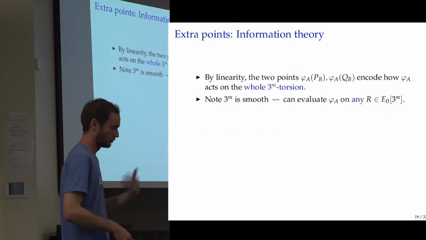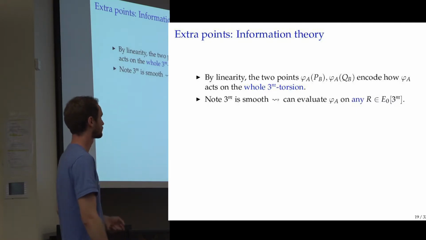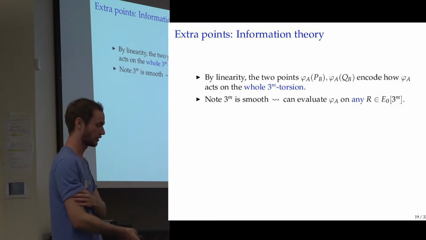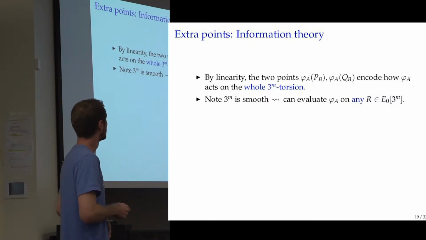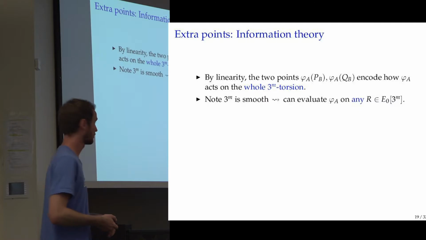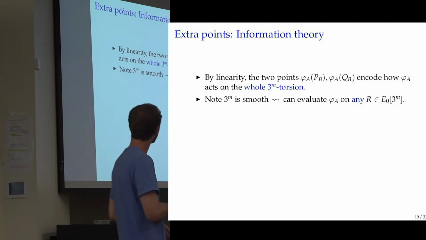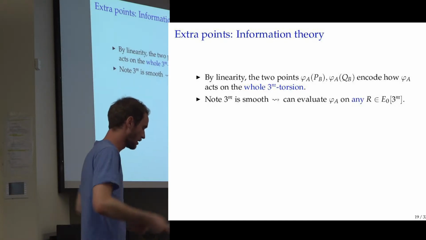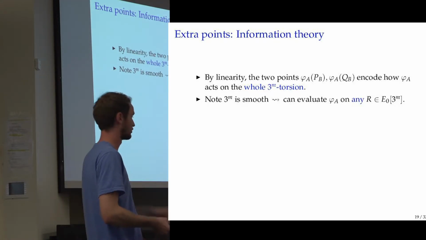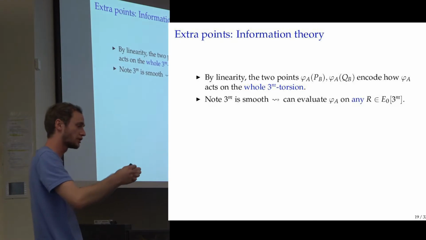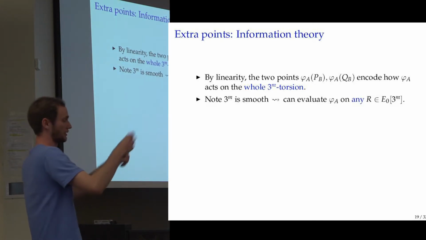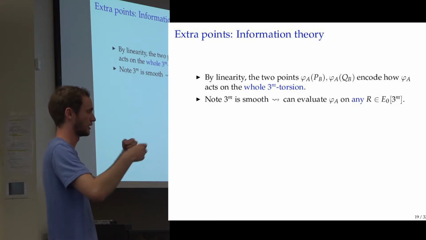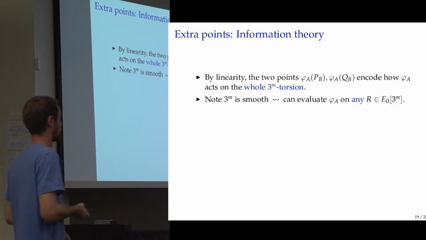All right, so there's a few initial observations about this. First of all, they don't only publish the information about two points. They publish the image of a basis of a subgroup, and that means you can figure out which linear combination a given point is of that basis, and then recombine the images of the basis points in the same way, just like what Bob does.